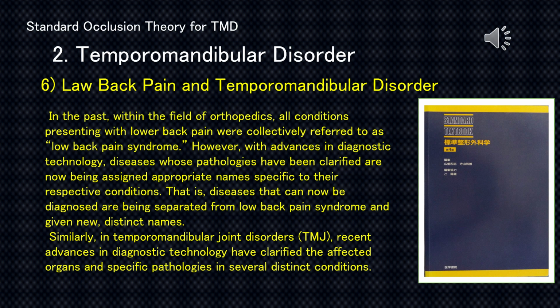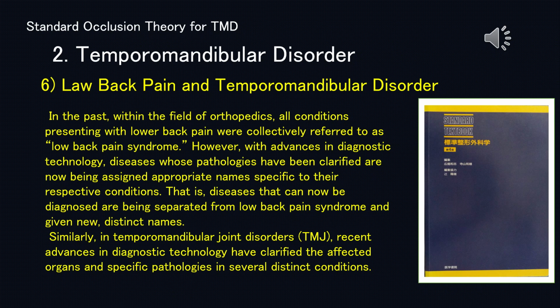6. Low back pain and temporomandibular disorder. In the past, within the field of orthopedics, all conditions presenting with lower back pain were collectively referred to as low back pain syndrome. However, with advances in diagnostic technology, diseases whose pathologies have been clarified are now being assigned appropriate names specific to their respective conditions.